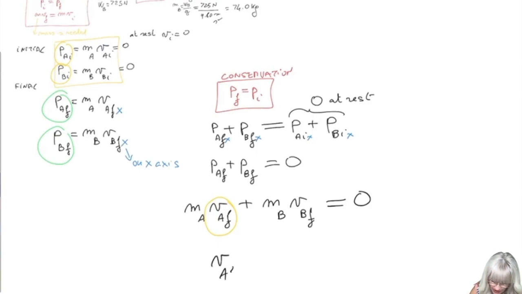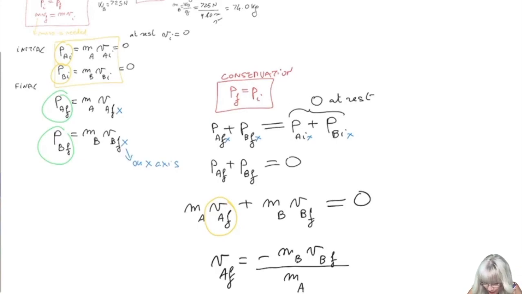I'm going to do the algebra, because I'm doing a little bit more theory, as you can see. The momentum of B final, through the equal, becomes negative, and then I divide it by the mass of A. At this point, you just plug in all the numerical values.